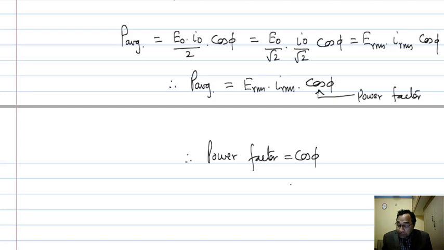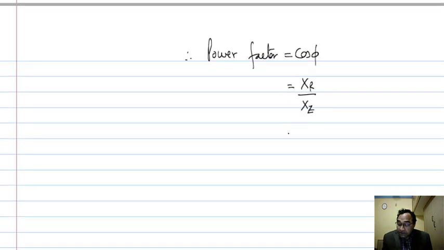So cos phi from the impedance triangle can be said as cos phi equals ER by EZ.